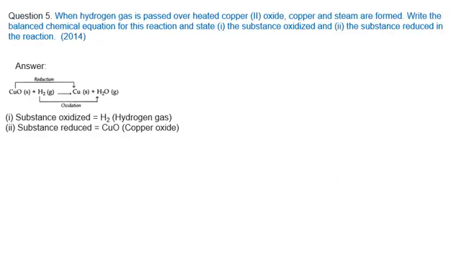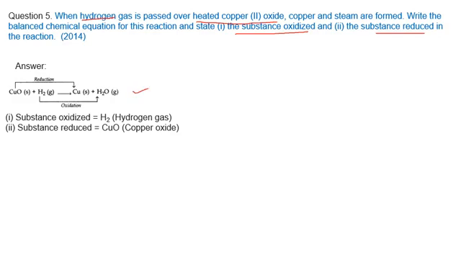Coming to the next question, when hydrogen gas is passed over heated copper oxide, copper and steam are formed. Write the balanced chemical equation for this reaction and state the substance oxidized and the substance reduced. Okay, so when hydrogen is passed over the heated copper oxide, what happened?